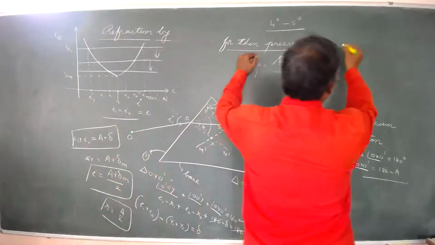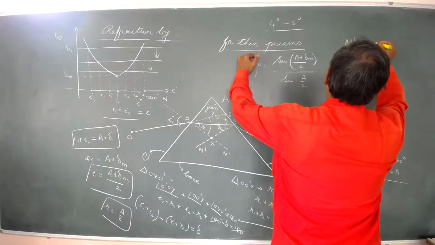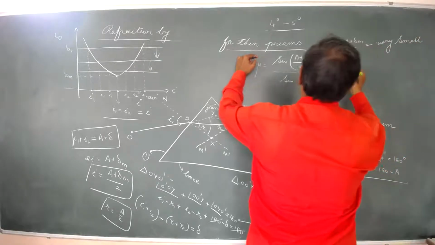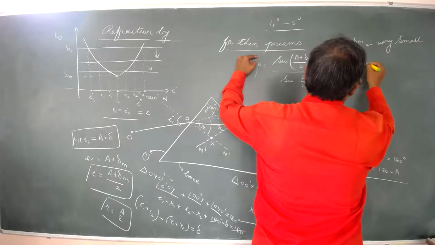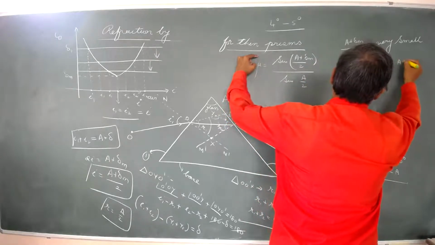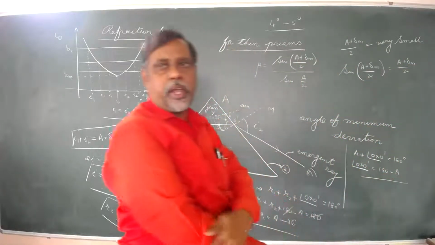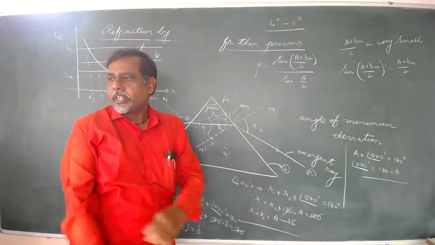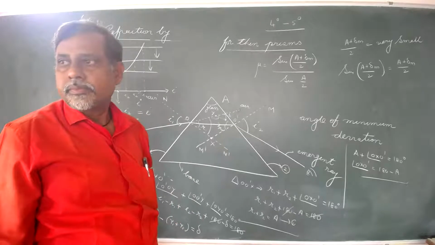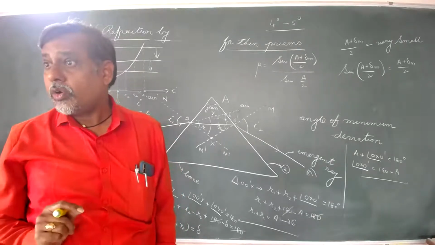So for a thin prism, this A plus delta m by 2 is very, very small. When this is very small, sin A plus delta m by 2 can approximately be taken as A plus delta m by 2. There will be not much variation. Of all the angles, 0 degrees is the smallest. Sin 0 is equal to 0. Got it? So like that, sin 30 is equal to 30. Are we taking? No, that is wrong.